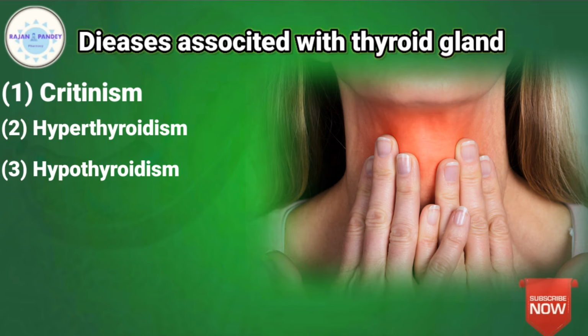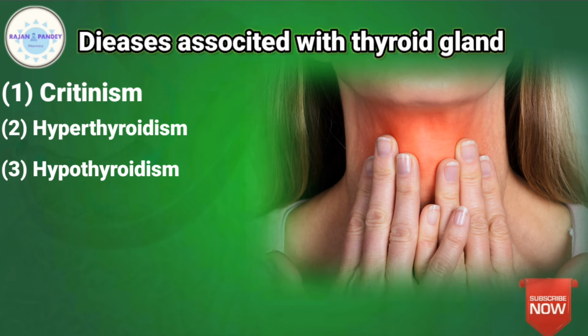Hypothyroidism is defined as hyposecretion or less secretion of T3 and T4 in our body. Some symptoms of hypothyroidism are, first, tiredness, second, weight gain, and third, anorexia. Anorexia is defined as the fear of gaining weight.